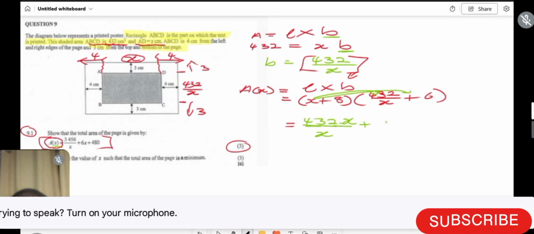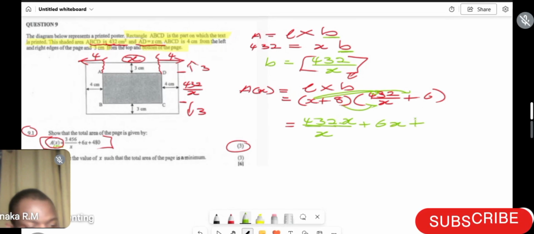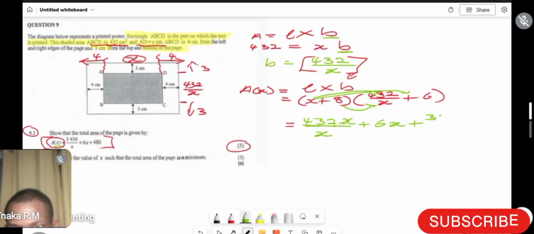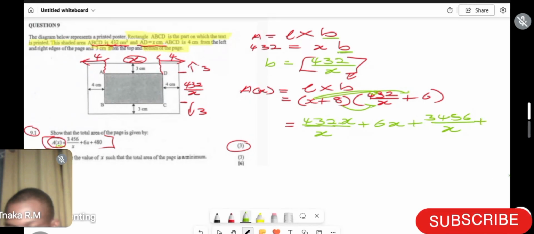Moving on, we need to simplify the brackets. So we use the FOIL method to remove the brackets. x times 432 over x gives 432x over x, plus 6x from x times 6. Then here we should have 8 times 432 over x.